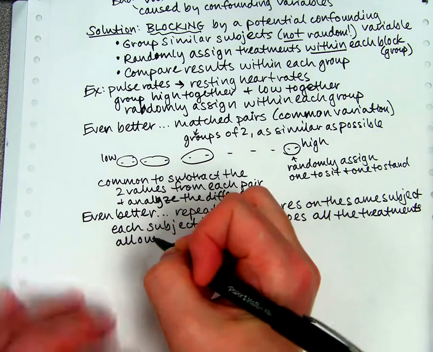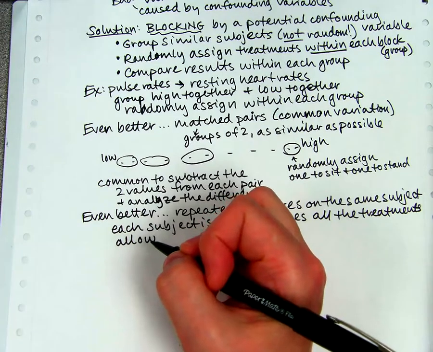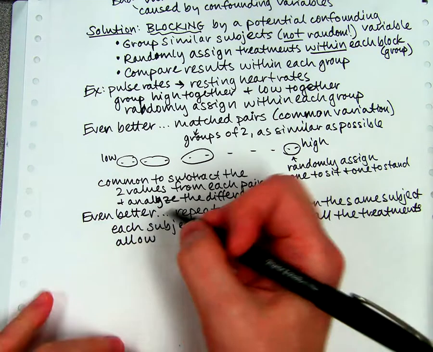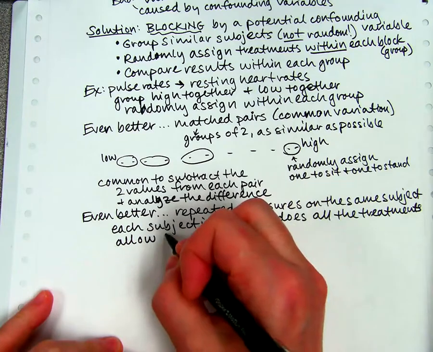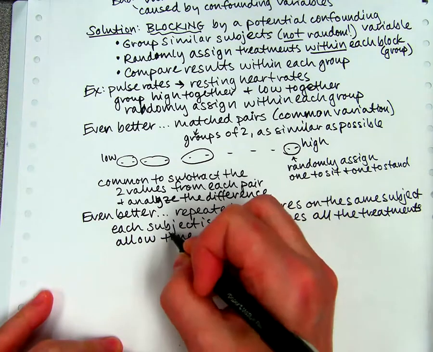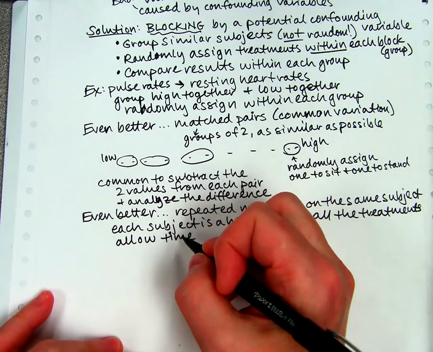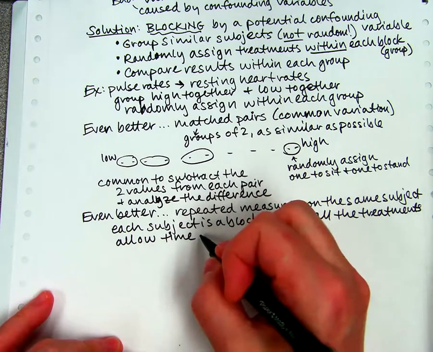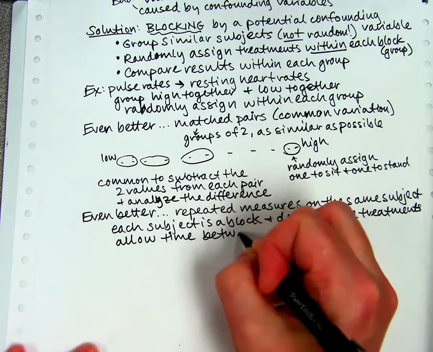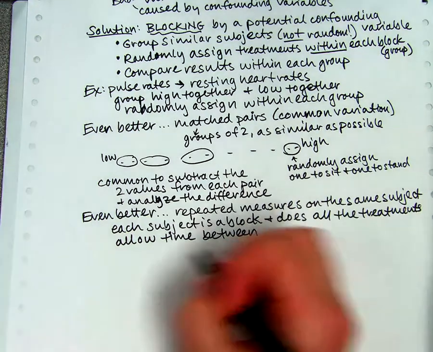Especially if it's a heart rate thing, you'd want to allow time for the heart rate to go back to normal after you did whatever it is you do. So allow time in between. If it's a drug test, they'd probably wait a week or so to get the drug out of your system before you give them the other drug, right? Kind of common sense stuff.